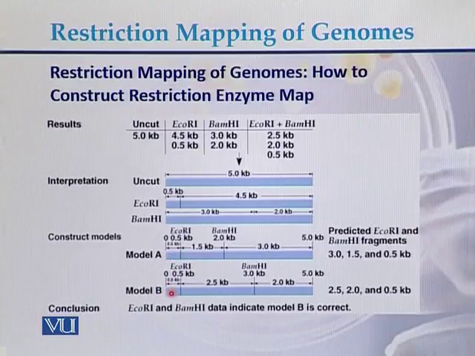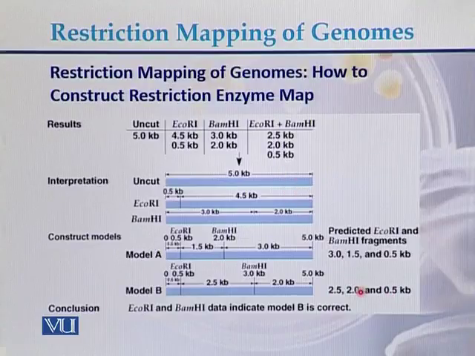While on the second model, it can be that with EcoR1, 0.5 kb is here and this is the 4.5 kb. And the site for BamH1 is here, so this fragment is 2 kb and this fragment is 3 kb. So according to this, the fragments will be 2.5, 2 and 0.5.